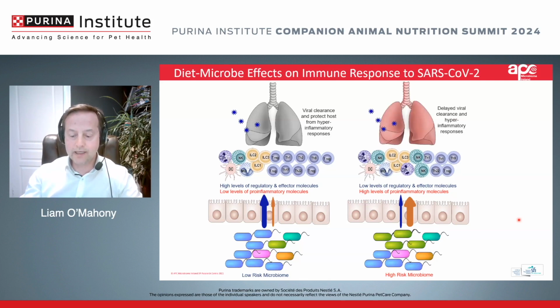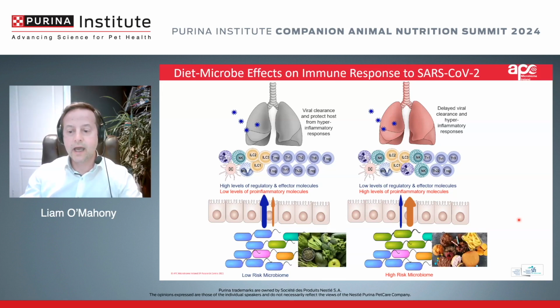And then when these people see SARS-CoV-2, there's delayed viral clearance and consequently hyperinflammatory responses that damage tissues. And a lot of these differences in the microbiome composition we can see are driven by long-term dietary habits.